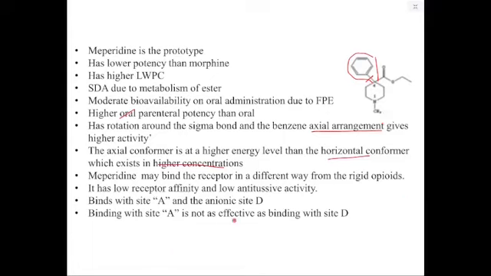Binding with site A is not as effective as binding with site D. So that's why it will have lower potency than morphine, because it is mainly binding with site A rather than binding with site D, which gives maximum activity. And its binding ability, as we have said, has been reduced by the fact that the axial conformer, which should bind the receptor well, is in very low concentration because of the issue of energy levels.